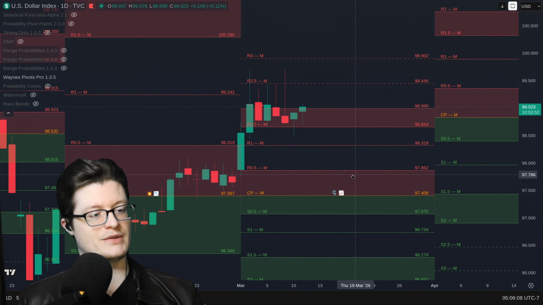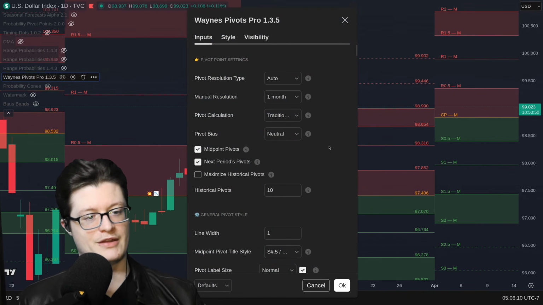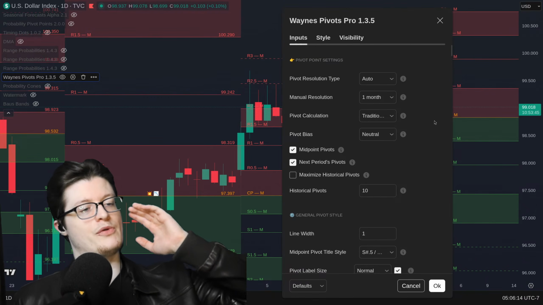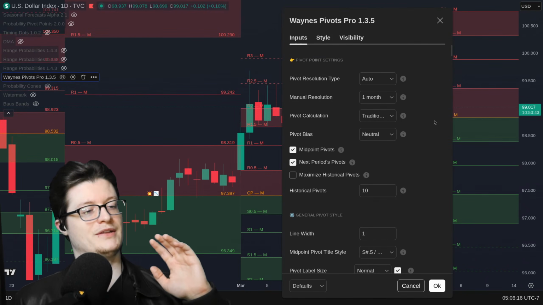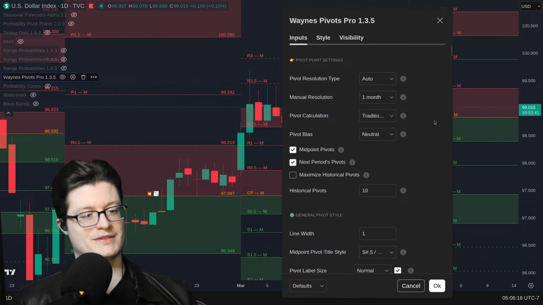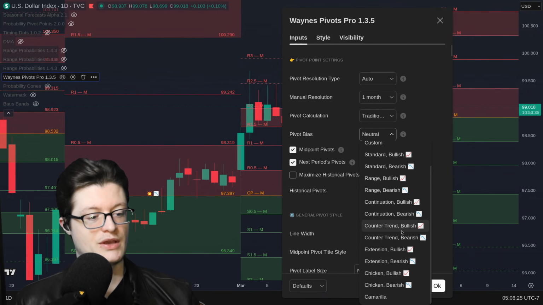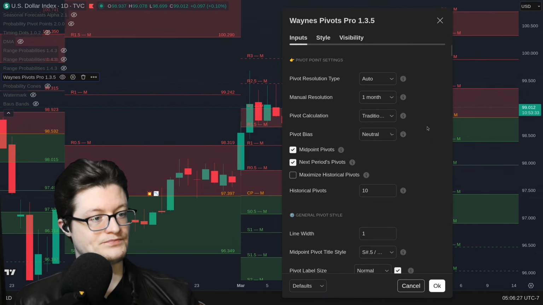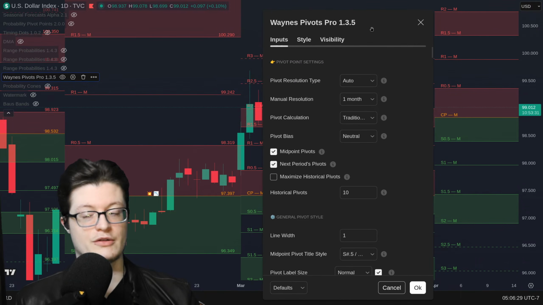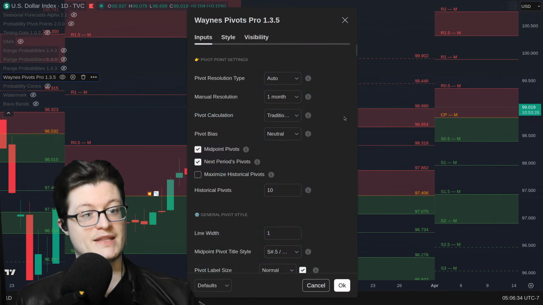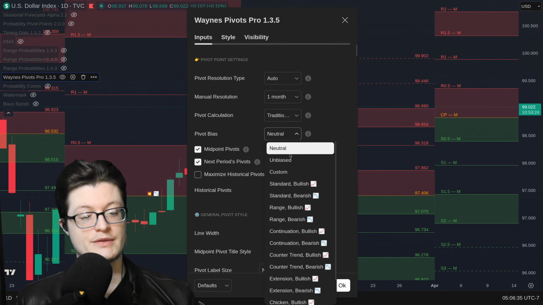Because when you first apply the indicator to your chart and you're looking at the pivot point biases, the number one thing everyone's on about, especially with Wayne's Pivots, is what bias do I select? Of all these biases, which one do I select? That is the hardest question, because the indicator asks you to provide that on your end, to do that discretionarily, right?